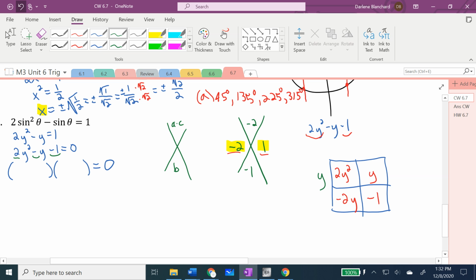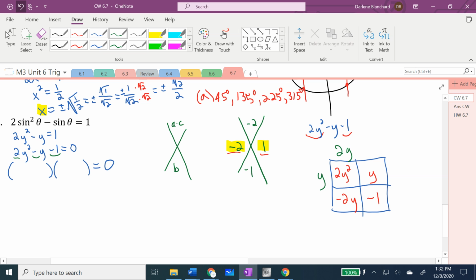Good. And then you can pick something else, like let's pick column 1 this time. What will divide both of those? 2y. And then recognize 2y times y will give us the 2y squared.